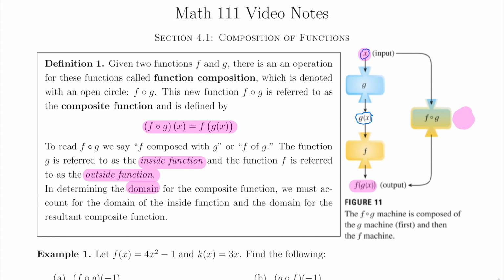But we also need to look at what we are allowed to put into our composed function overall, because even though we might be able to put some x's into g, maybe it spits out some outputs that then do not work for f. So we have to look at the domain of both, and we will do that later on. For this video we are not looking at the domains, we're just looking at how that works with composing two functions. So let's take an example.